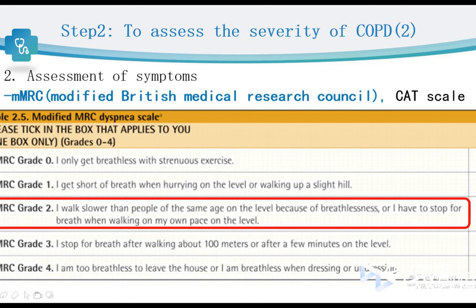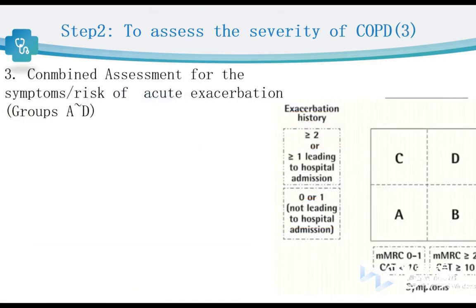MMRC grade is a very important factor for another assessment. That is the combined assessment for the symptoms and risk of acute exacerbation. Let's look at this figure. We can see there are two factors in this assessment. One is the MMRC.